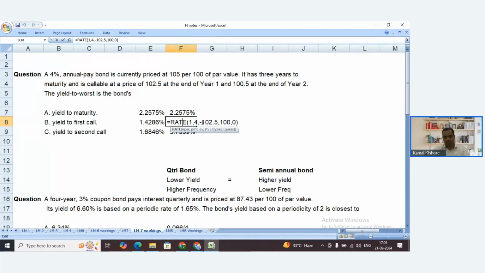I'm sorry, yeah. PV is correct, 105. And the other one is how much? 100.5, right? PV is minus 105, and it is called at the end of year 2, that is the future value. So 2 years.